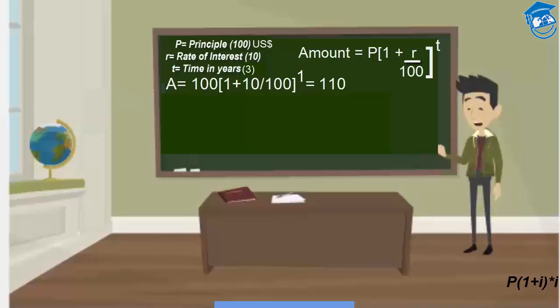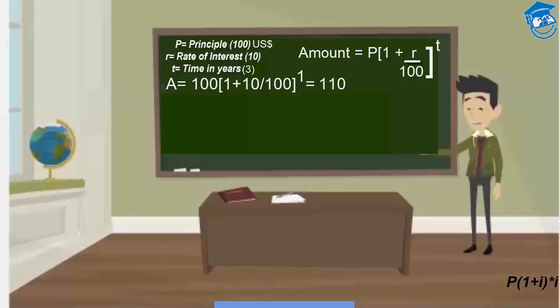Under compound interest, the new principal becomes the existing principal plus the additional interest which we got on that principal. So by adhering to this formula, for the second year or F2, our new principal shall increase up to 110 USD.